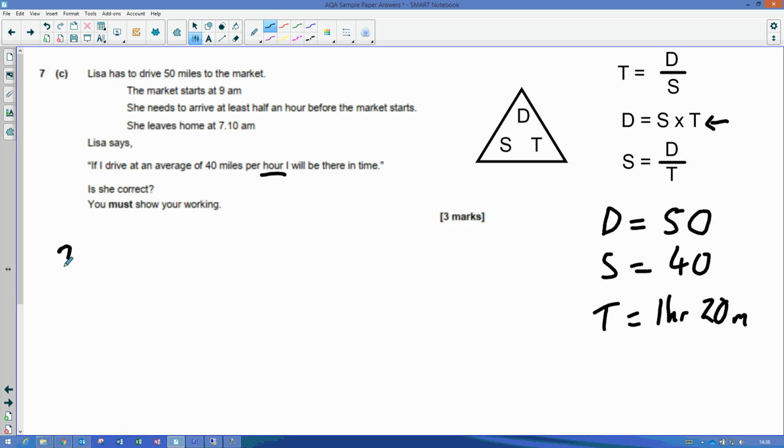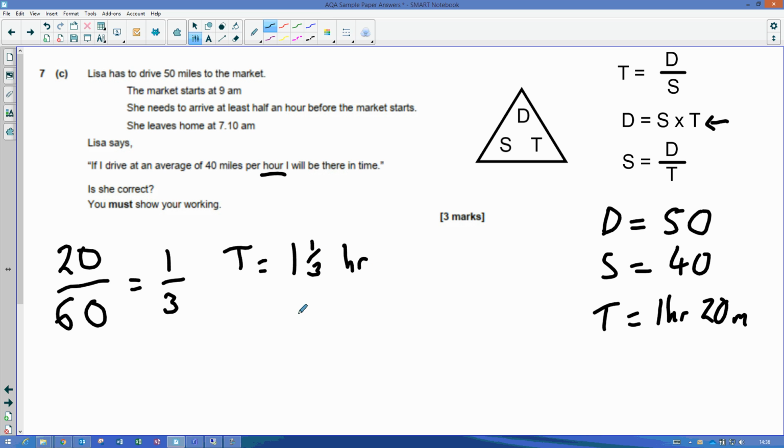So we need to convert that into hours. This 20 minutes is the problem. It's 20 minutes out of 60 minutes in an hour, which cancels down to 1/3. So our time is 1 whole hour, this one here, and 1/3 of an hour in hours.